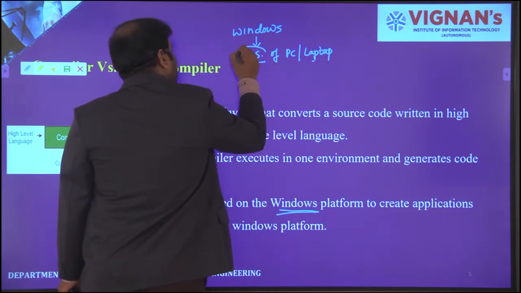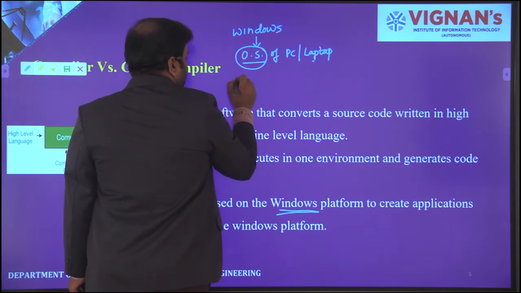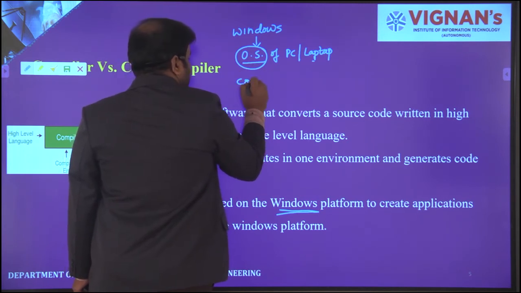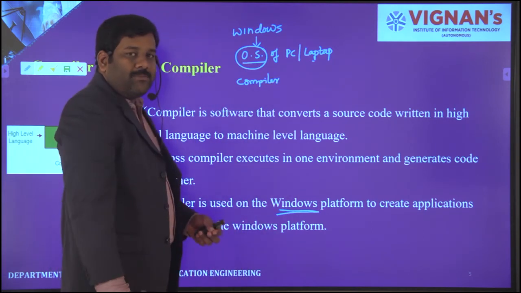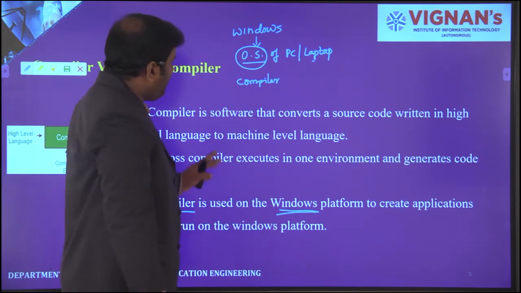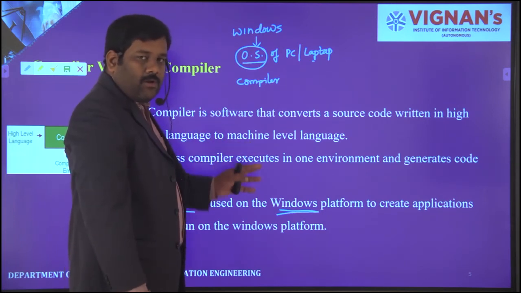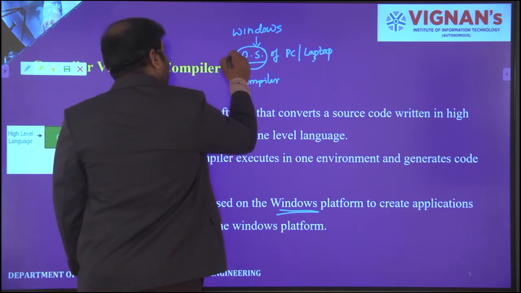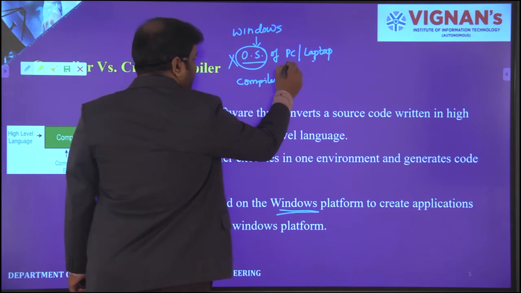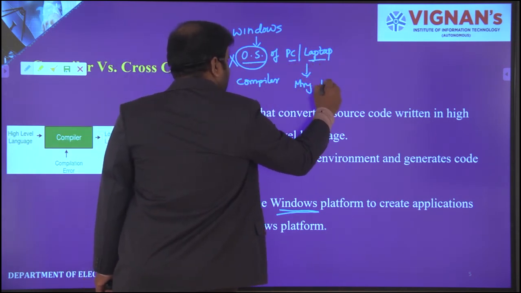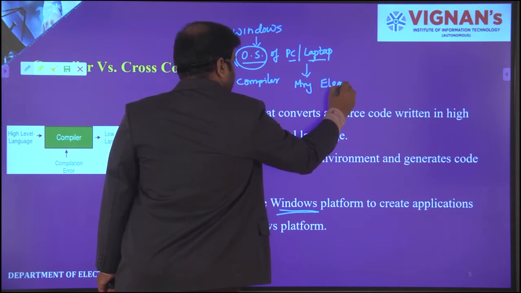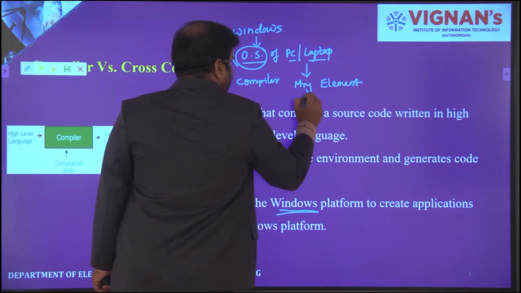Without an OS, we can't install any compilers, not only compilers, any software. You can't even store data in that particular PC or laptop, because without an OS, any PC or laptop is just one memory element, just like our pen drive.